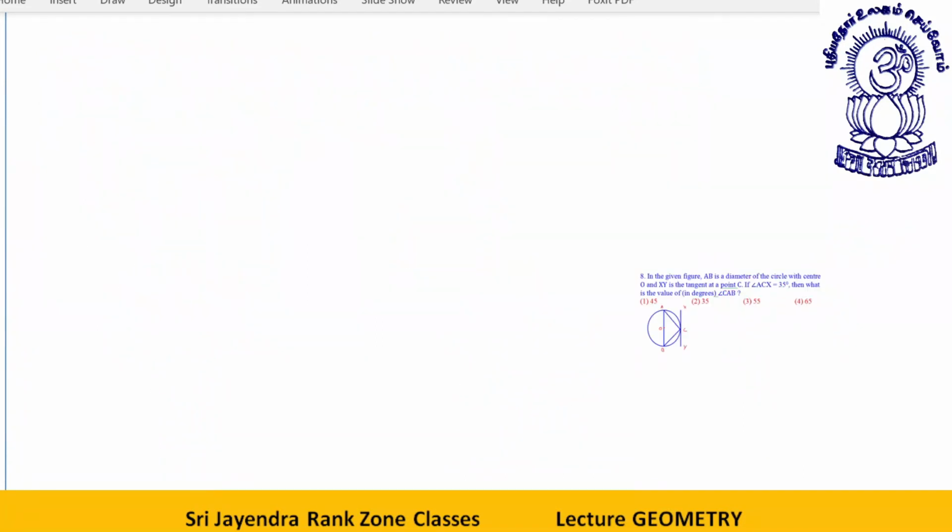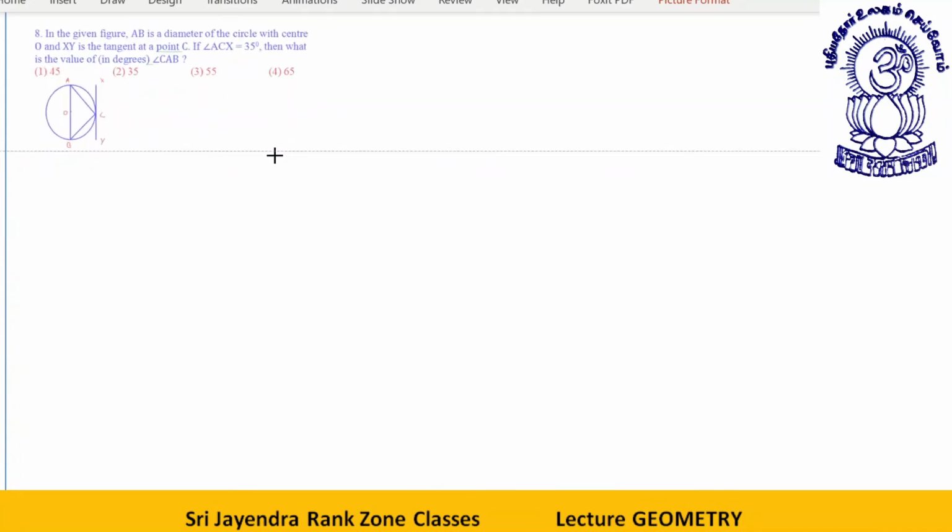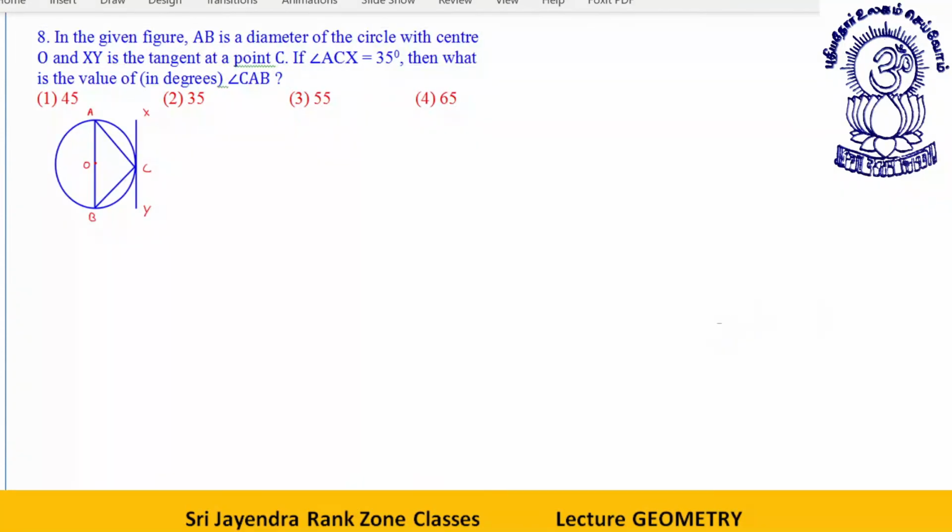Next is: in the given figure, AB is a diameter of the circle with center O and XY is the tangent at point C. Angle ACX is 35 degree.